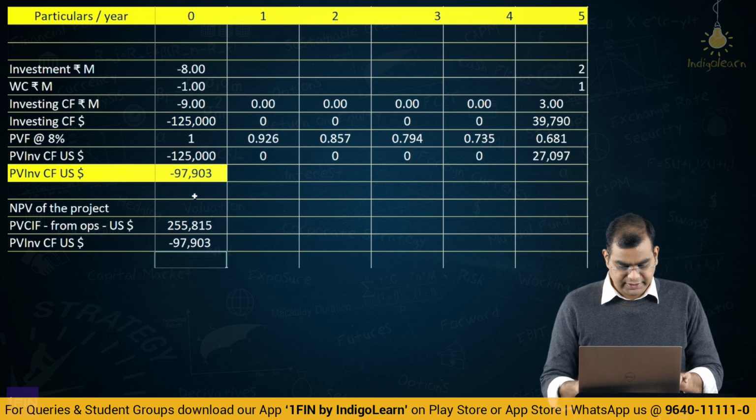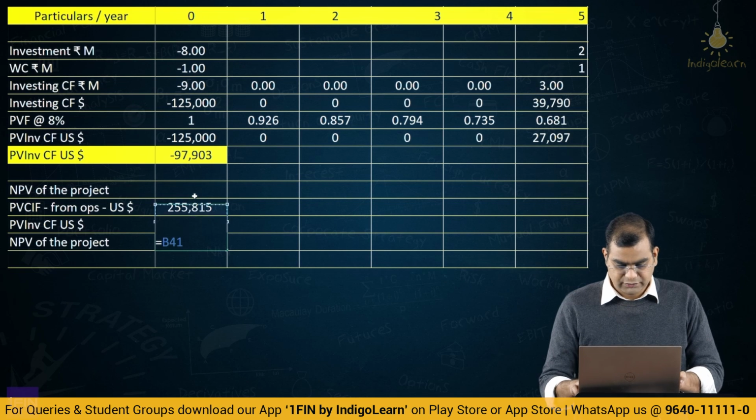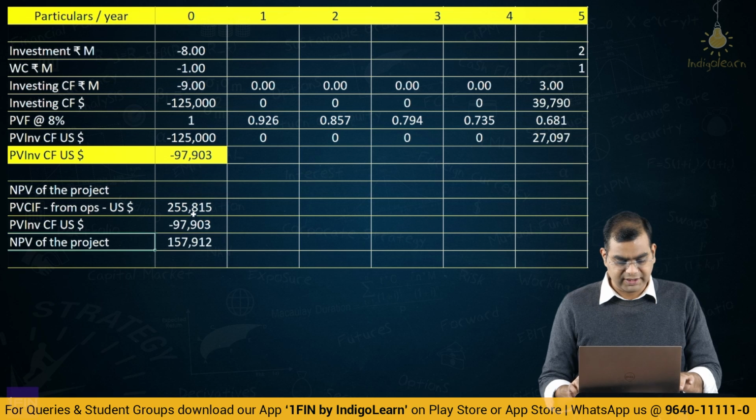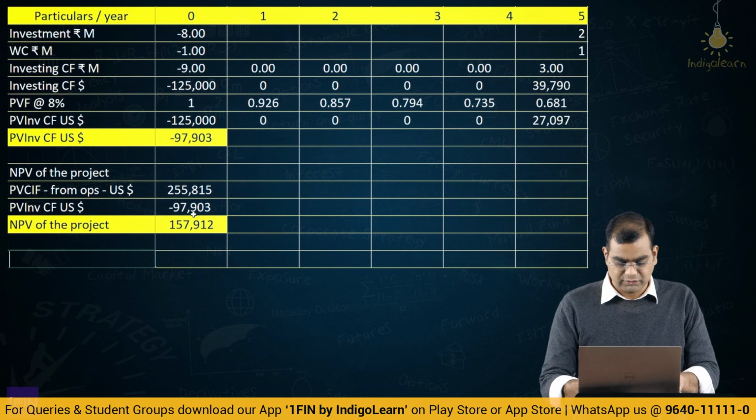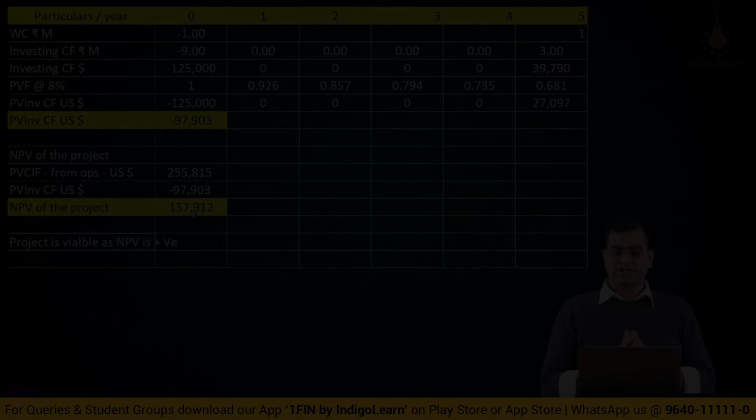If you sum both of them, the NPV of the project will be 255 minus 97, so the net value is 157,912. Okay, so this is the answer for this question. And what will you say? The project is viable as NPV is positive. That is the answer to this particular question. Fair enough?